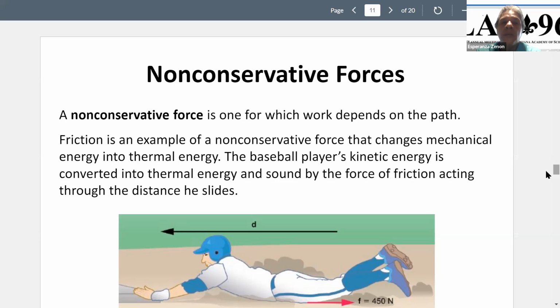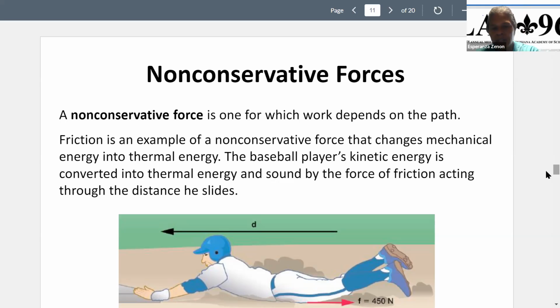And when you're dealing with a non-conservative force, you're going to lose some of the energy in the system, typically to heat if it's friction. In this particular case, you'll have this kinetic energy being converted to what we call thermal energy, heat. Thermal energy is a close relative to heat, if you want to think of it that way.